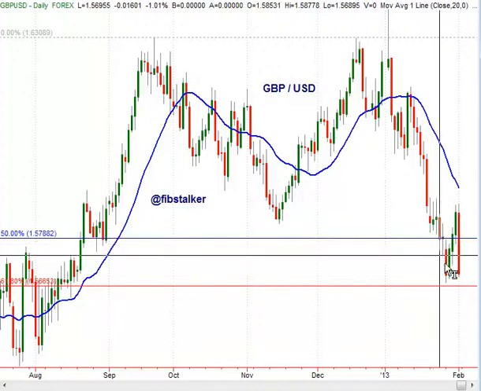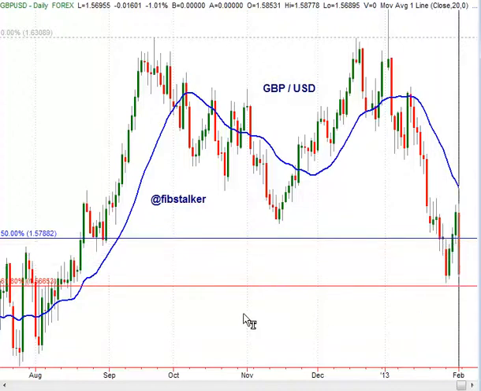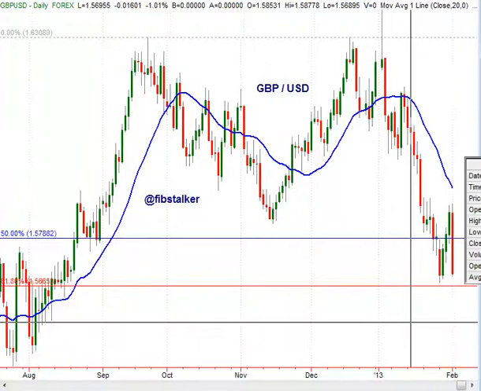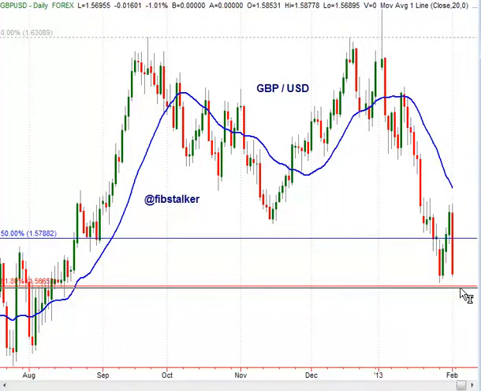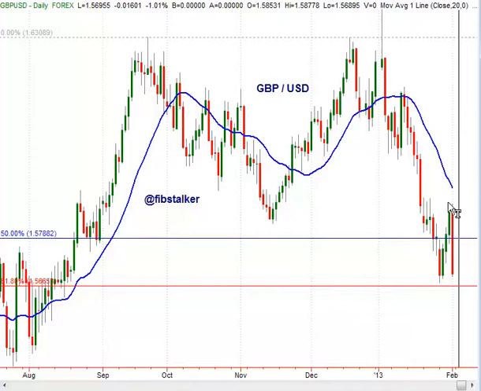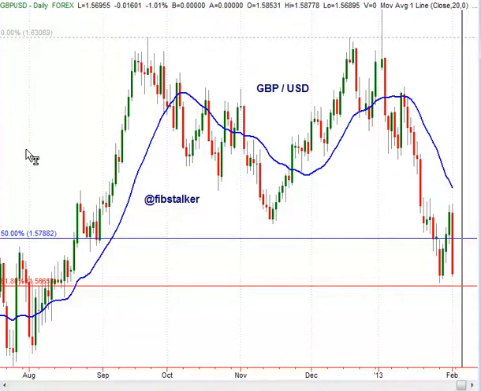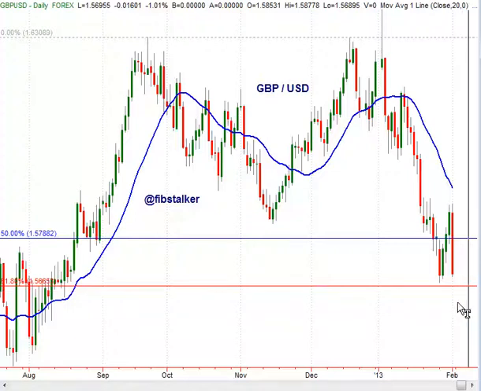The price sliced through it, and bulls apparently were able to defend this 156.65 here, but we got this huge candle lower here, and with an expected strength in the dollar index, which I anticipate for the next maybe 2 to 3 days, this pair could keep moving lower.